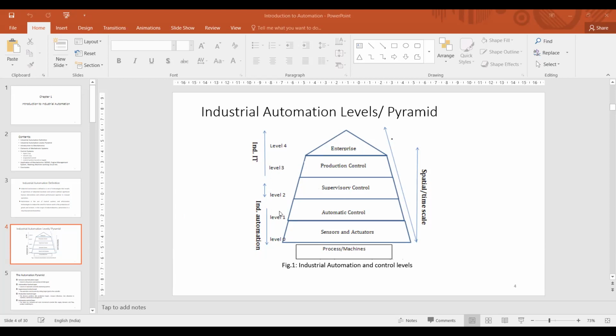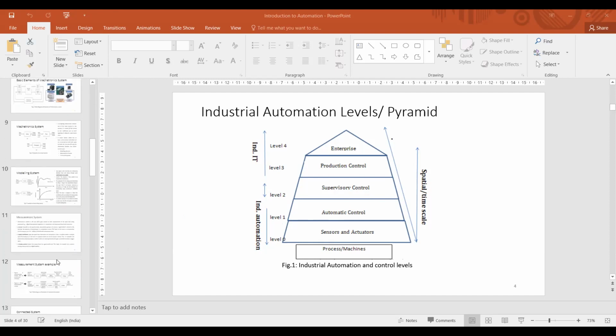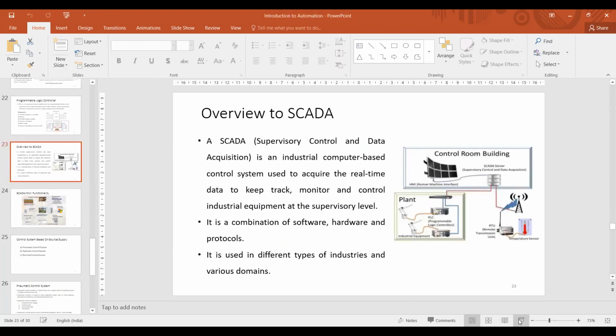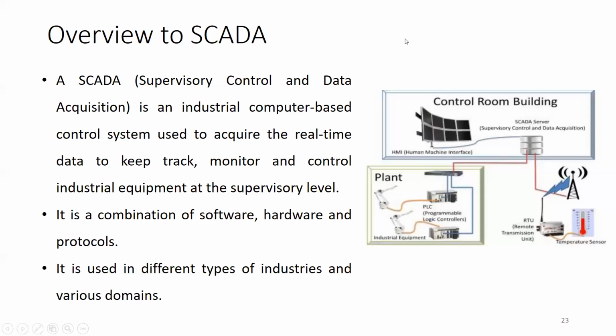Okay. So if you see in this particular pyramid, the third level over here is the supervisory control. This is the one thing which is there in SCADA. SCADA is nothing but supervisory control and data acquisition system. Okay.